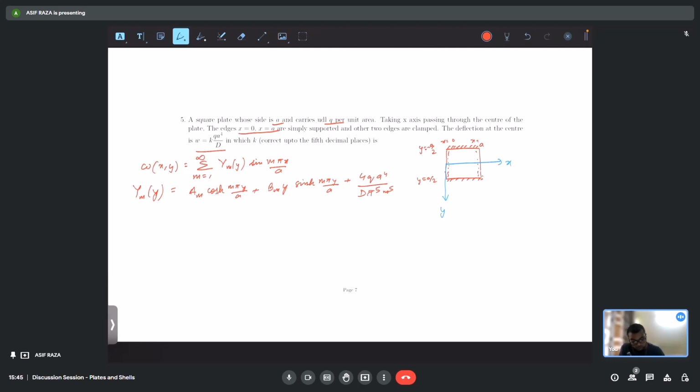So if you see the lectures, we have the value of A_m as minus 4q a to the power 4 by D pi to the power 5 m, and this would be (sin h m pi by 2 plus m pi by 2 cos h m pi by 2) upon (cos h m pi by 2 sin h m pi by 2 plus m pi by 2).